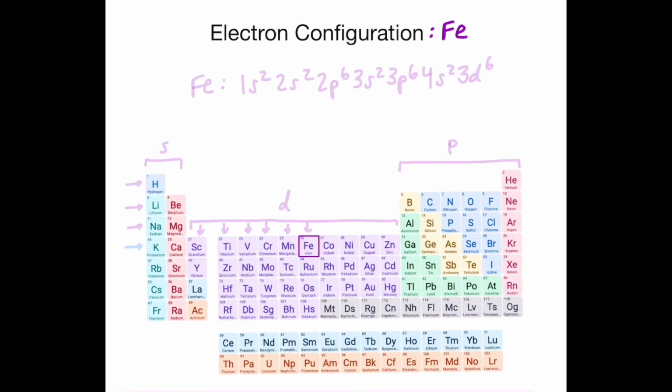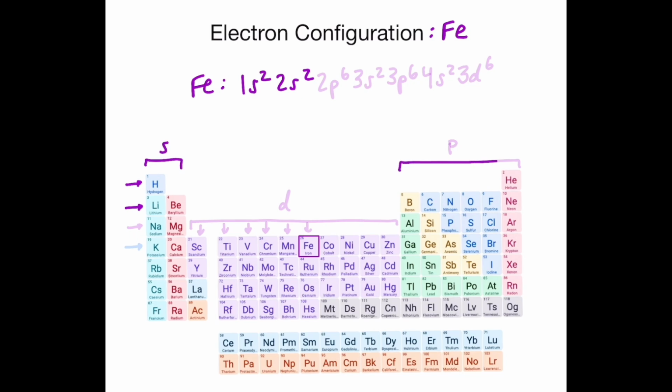Let's practice writing an electron configuration for a transition metal. I've outlined in purple the element Fe, which is iron, and this will be our example. So for iron, we'll still start with energy level 1 with hydrogen and helium, which are 1s2. Then going into energy level 2, which is the second row of the periodic table, we have 2s2 from the S block.